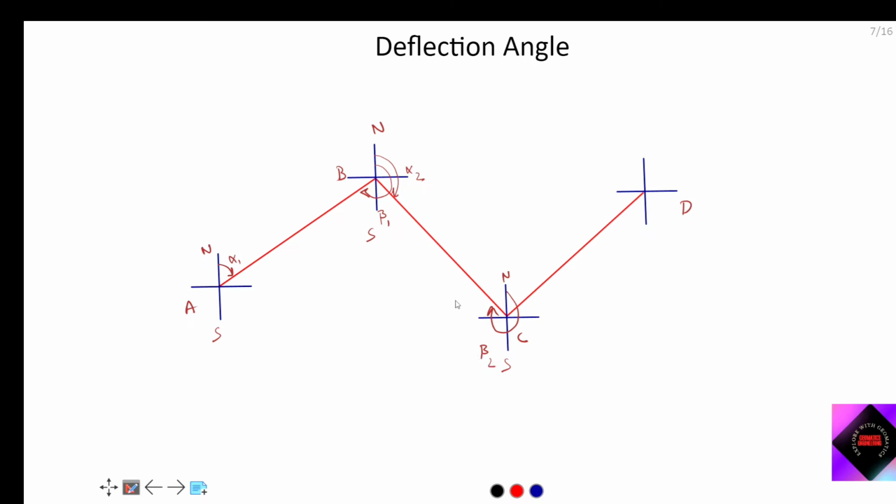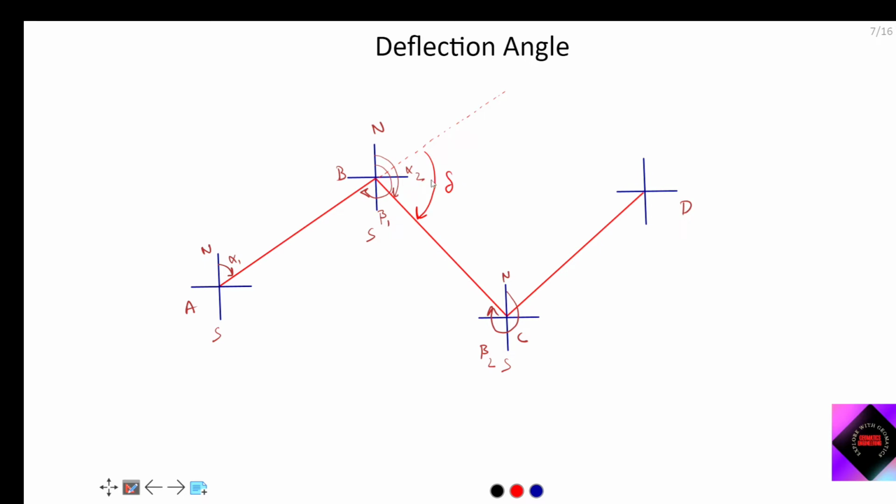We have to calculate which angle? I am making it again. We have to extend this line. For example, we have to calculate the deflection angle of ABC, so we extend this line and calculate this much angle.